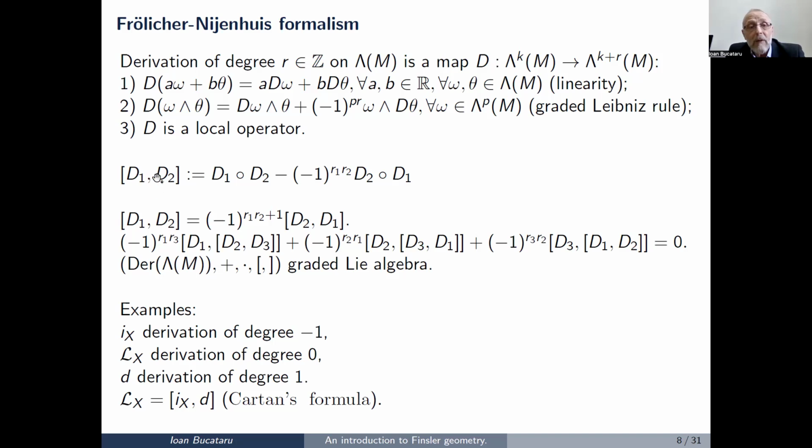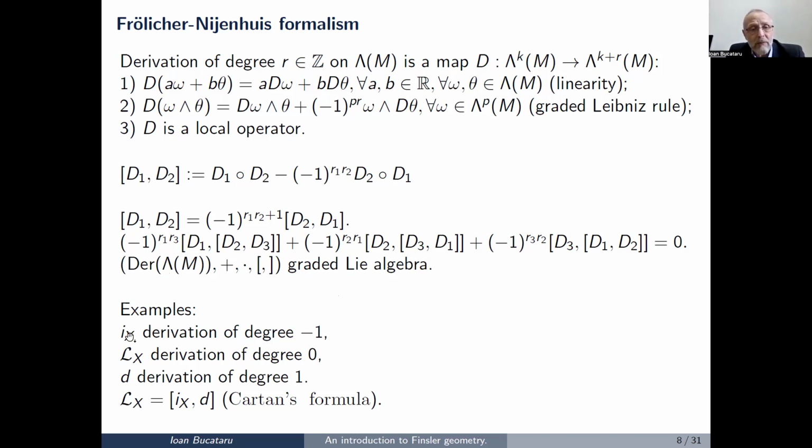With this commutator defined here, we have a graded Lie algebra. So the idea is to transfer this graded Lie algebra to vector-valued forms, to associate to these derivations a vector-valued form, and to transfer this structure of graded Lie algebra to vector-valued forms.